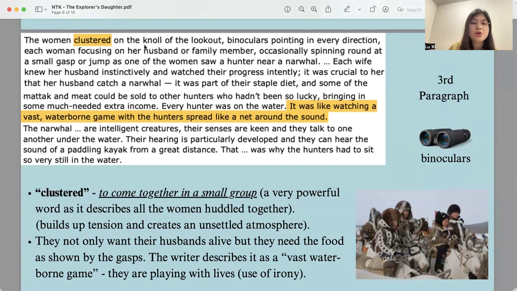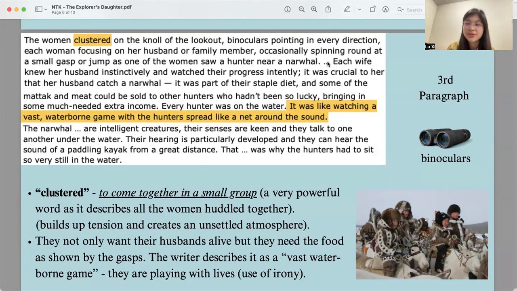The women clustered on the knoll of the lookout, binoculars. Okay, so this is a pair of binoculars pointing in every direction. So each woman focusing on her husband or family member, occasionally spinning around at a small gasp or jump as one of the women saw a hunter near a narwhal.